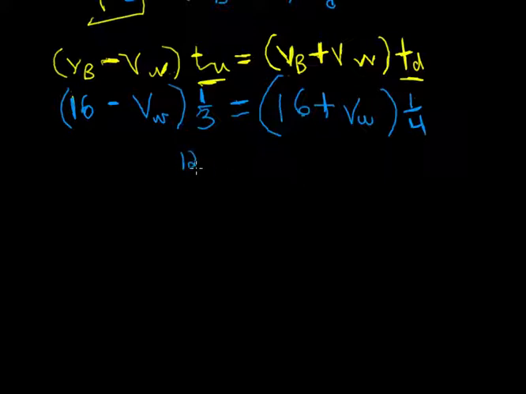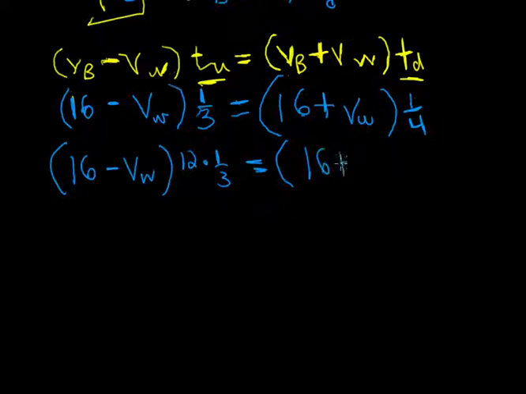So 12 times 1/3 on this side, and 12 times 1/4 on this side. So what I'm doing is taking what the denominator of each term is and multiplying it across both sides. Whatever I do to one side, I do to the other.